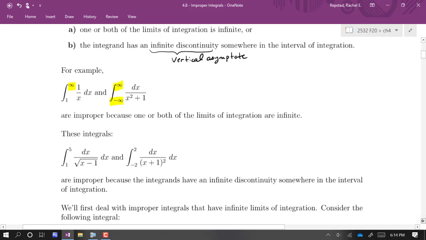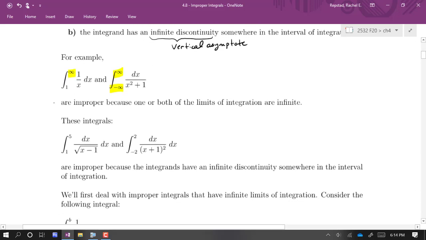And then, for these other two examples, the first integral, we're integrating from 1 to 5, and our integrand is 1 over the square root of x minus 1. So look, this is not continuous at 1, and 1 is one of our limits of integration.